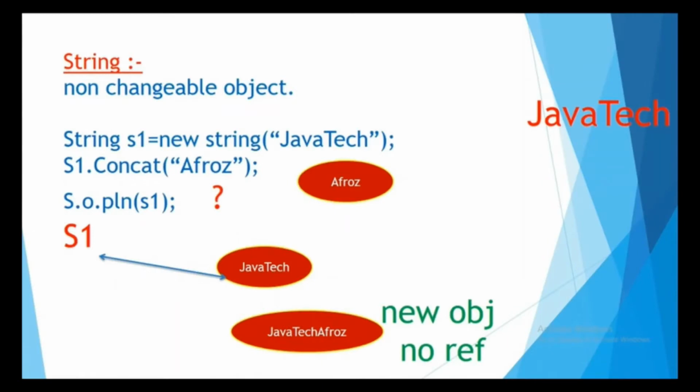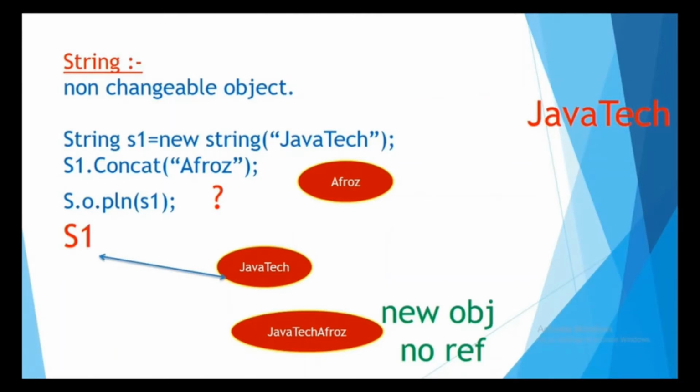String. String is a non-changeable object. Now we have to create a String object. How do we create it? String s1 equals new String. New is my operator, new is a keyword to create an object, and s1 is my reference, and in my object I'm writing JavaTech.